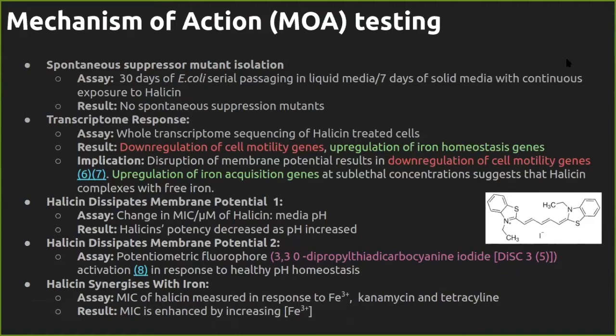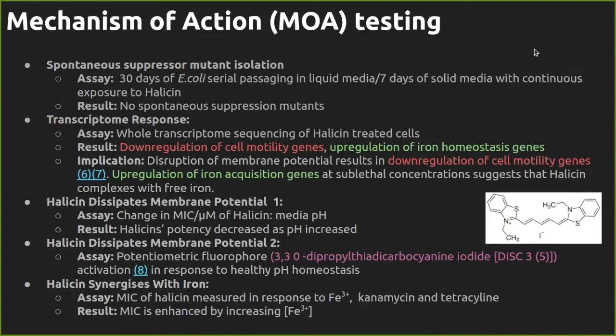They found that cell motility genes were downregulated, so that's like flagella and stuff, and iron homeostasis genes were upregulated at sublethal concentrations. The implication, they say, was that the downregulation of cell motility genes could implicate a disruption in membrane potential, which is essential to maintain respiration.